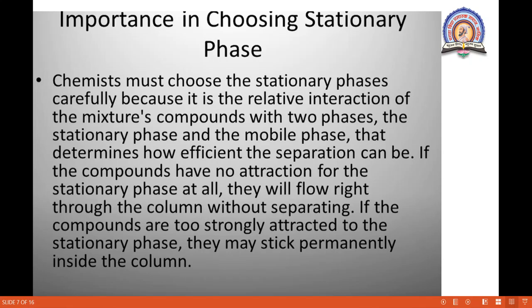The compound strongly adheres to the stationary phase, or permanently sticks to it inside the column. It is not removed by the mobile phase. And if there is no interaction between the stationary phase and the compound, then what happens? It will flow through the column without separating. Okay, so this is the importance of choosing the stationary phase.